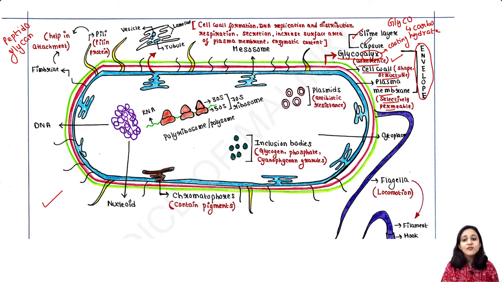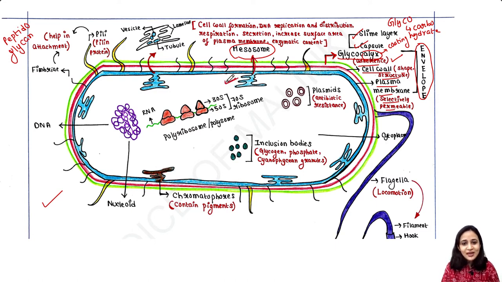That time we call the glycocalyx capsule. So if the glycocalyx is slimy, we call it slimy layer, and if it is tough and thick, we call it capsule.